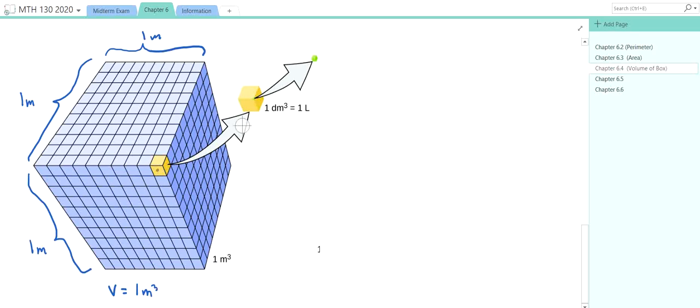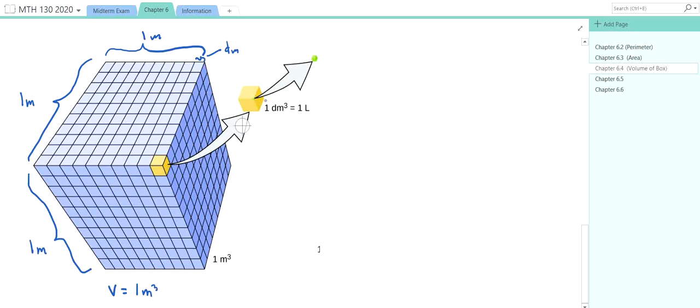But notice if I take this yellow cube out, if I break this up into 10 segments here, 10 by 10, and then break this line up into 10 by 10, we'll see that that is a decimeter. So this tiny length right here is a decimeter, or 1/10 of a meter.